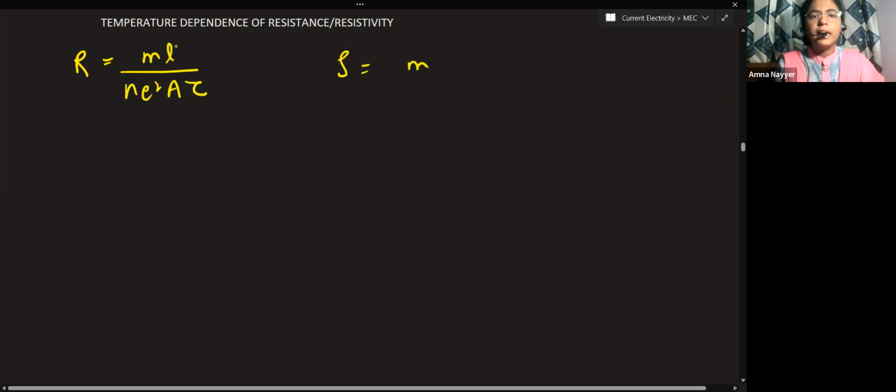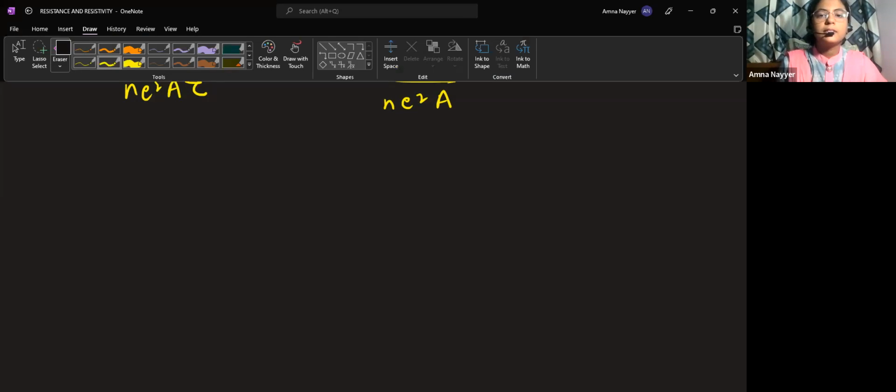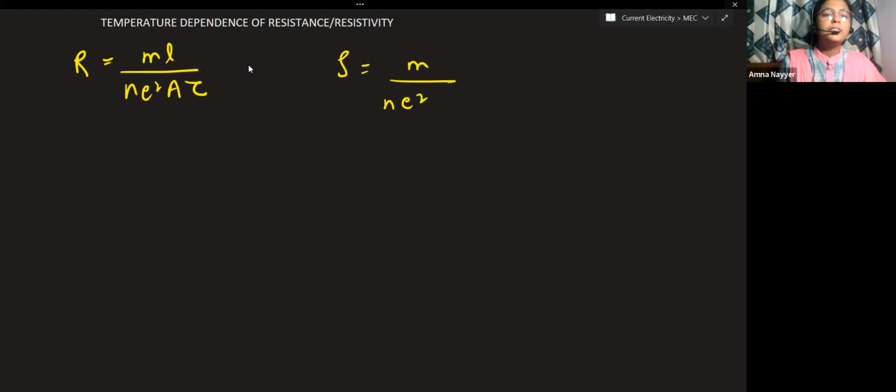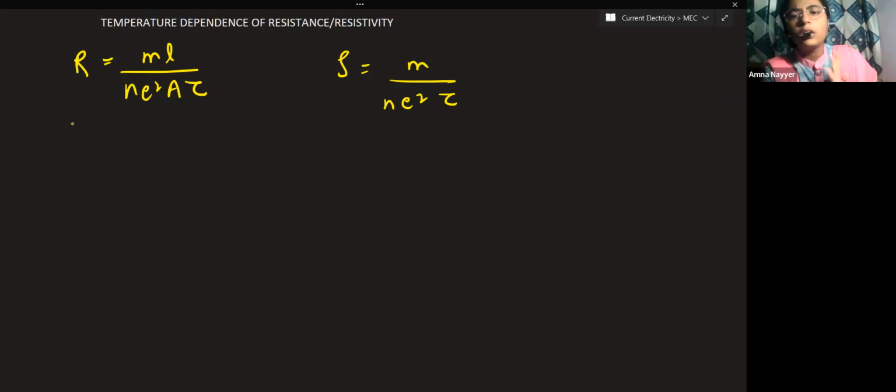Just eliminate L and A. It is M divided by Ne square tau. That is the formula. So from here we can see what? R is directly dependent on length and area, and resistivity is not depending on either length or the area.